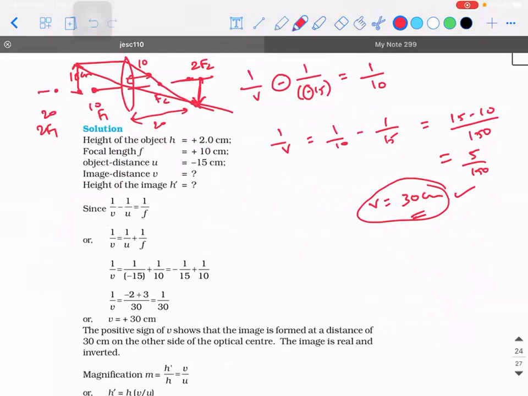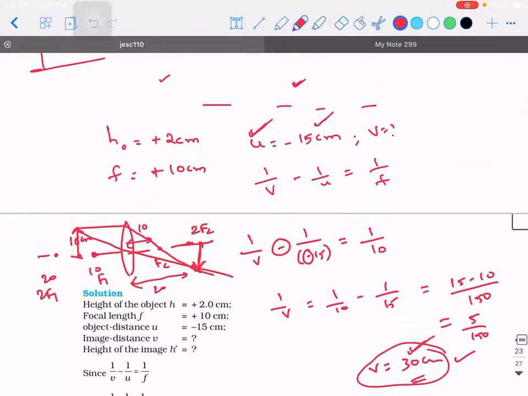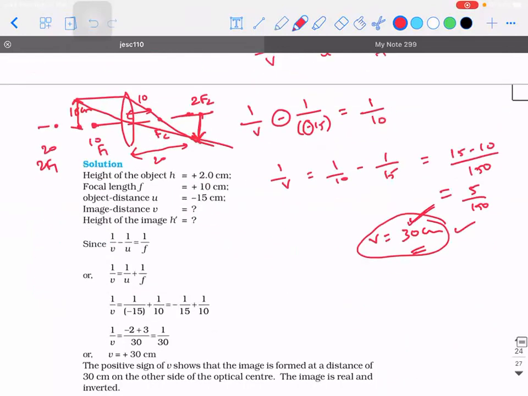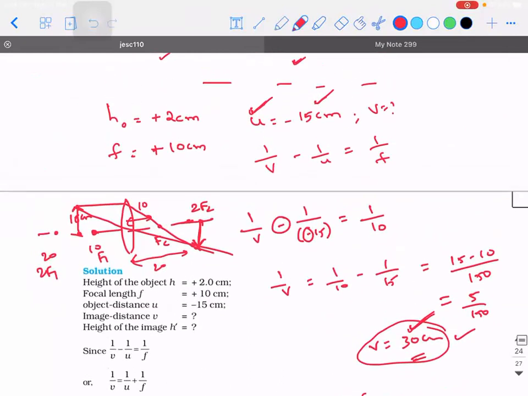And secondly, V should have a sign opposite to U because it is a real and inverted image. V is on the right hand side, U is on the left hand side. So we have achieved that also. So V is equal to 30 centimeter is right. Now what about the magnification? Again, recollect from the scenario. Is it a magnified image or is it a diminished one?